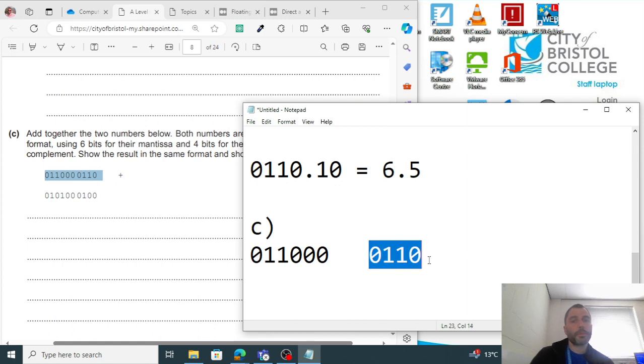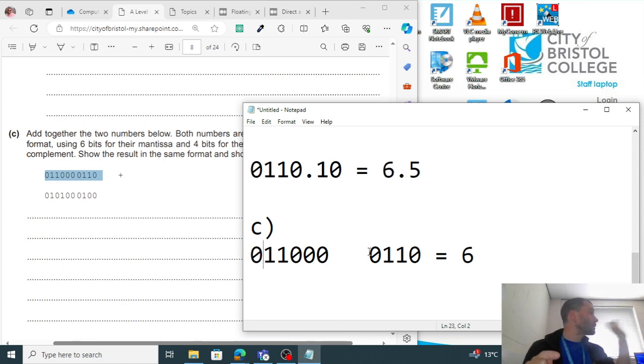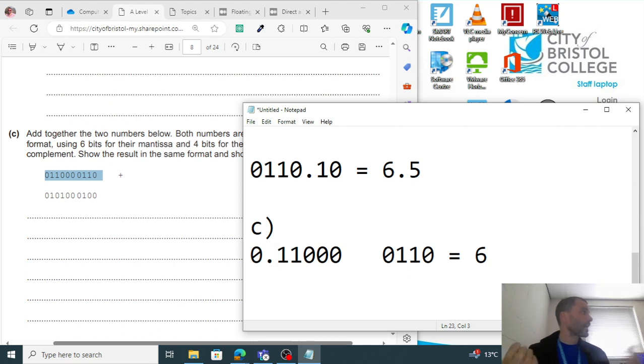So, Brandon, what's that exponent? 6. So the decimal point is always between the leading 0 and the 1. It's here. So where am I going to shift the decimal point? Right or left? Yeah. So we're going to go 1, 2, 3, 4, 5, and we have to pad it with 0, 6.